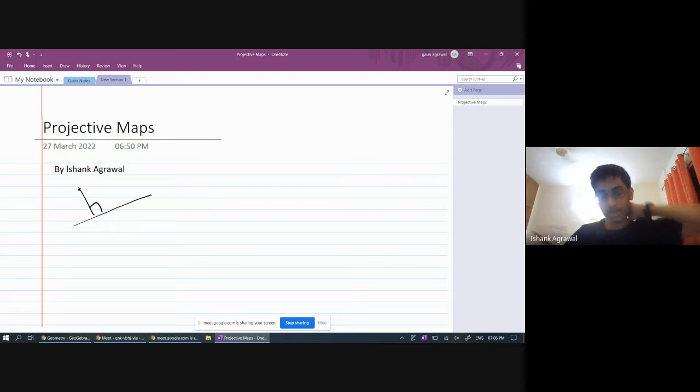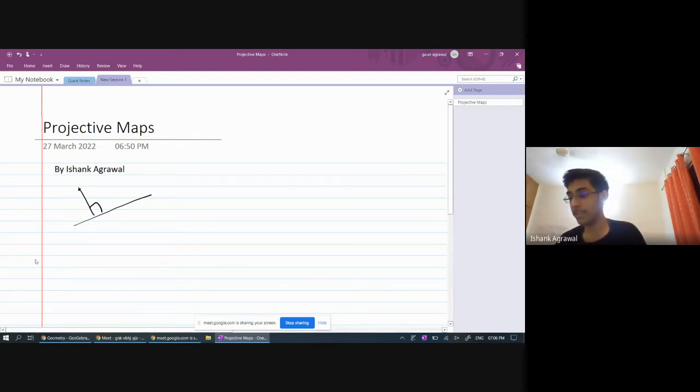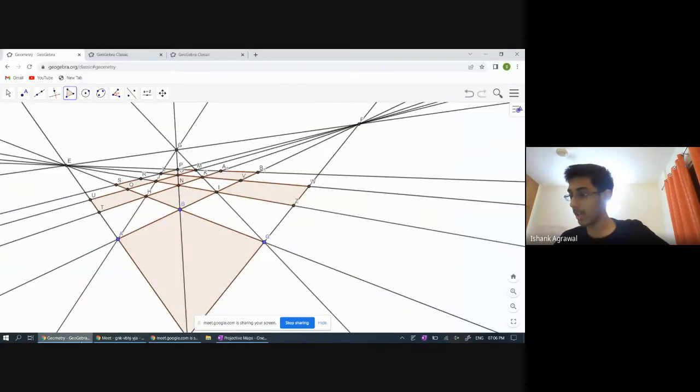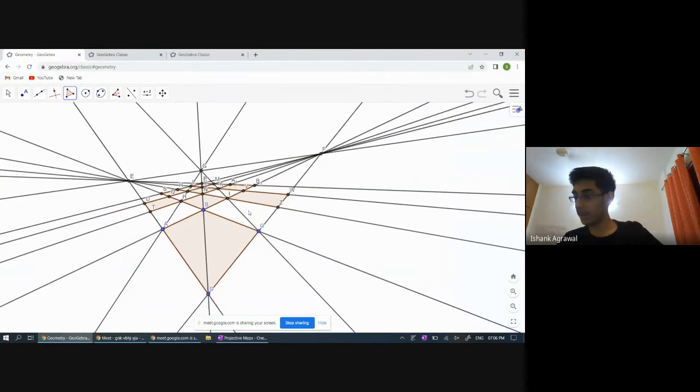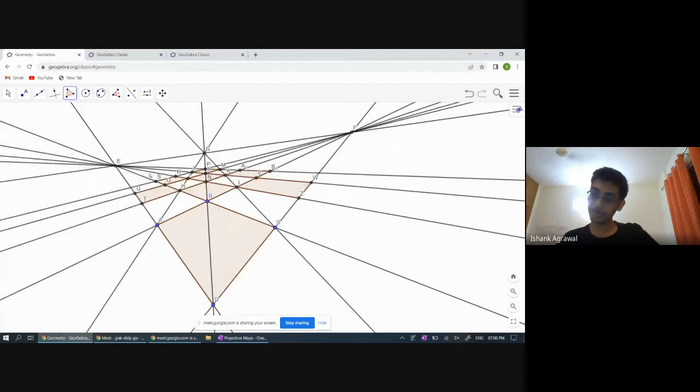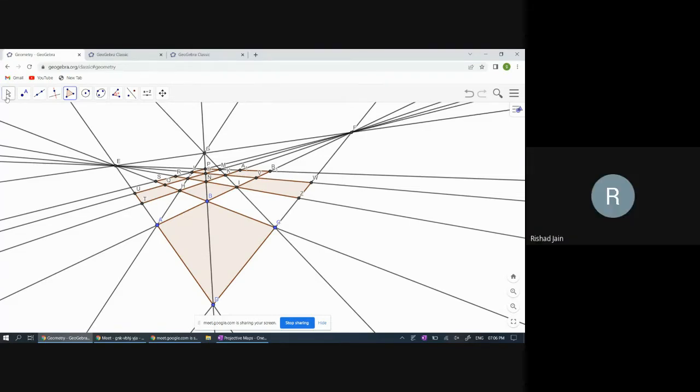First, I want to start off with a little bit of how projective geometry started. Projective geometry actually didn't start as math. It started as art. So what does this look like? It can be interpreted in different ways.